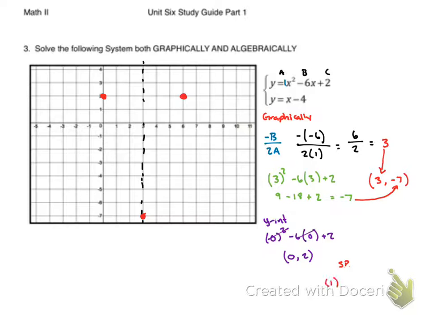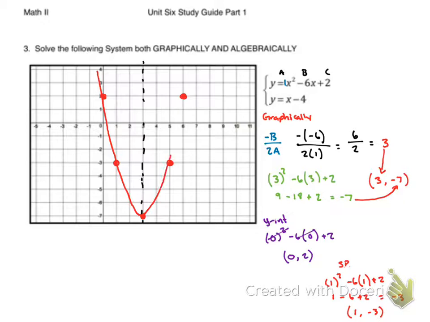So we get 1 squared minus 6 times 1 plus 2. That's 1 minus 6 plus 2, and that's going to be negative 3. So my strategic point is 1, negative 3. There it is. And then reflect it, 1, 2, 1, 2. So there I have my parabola.